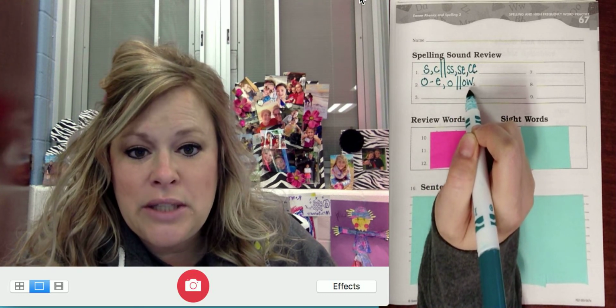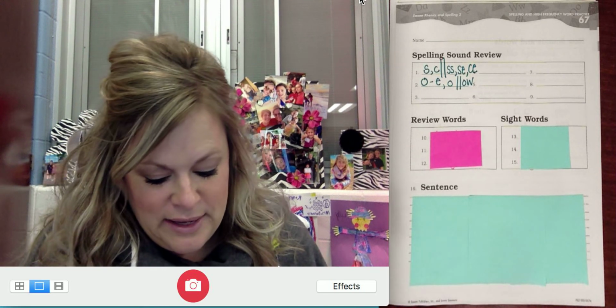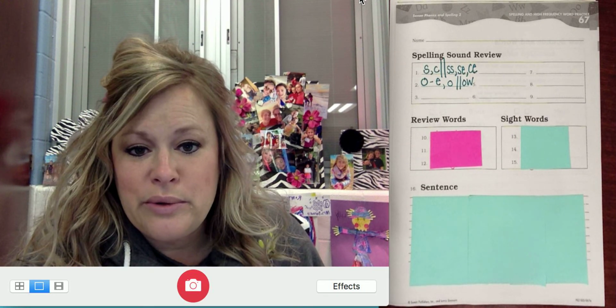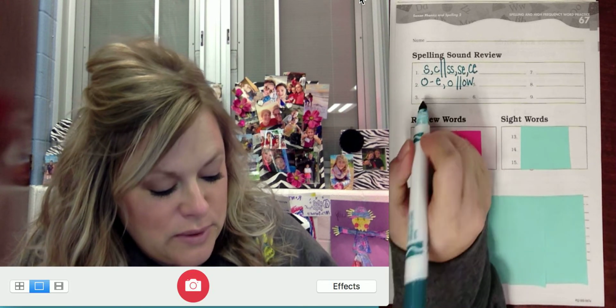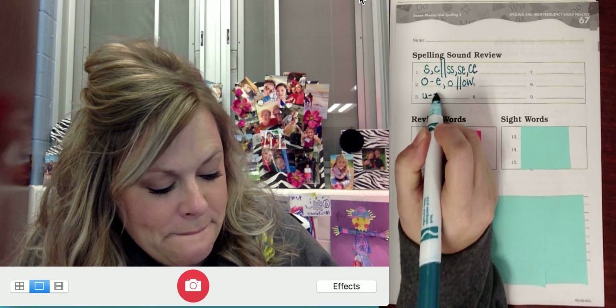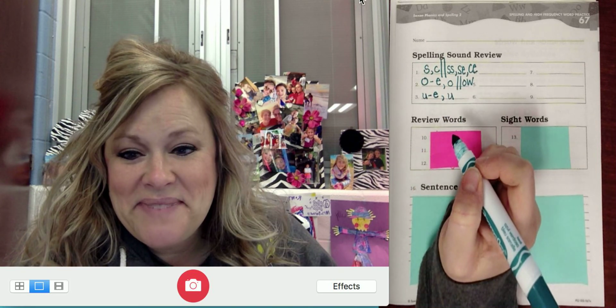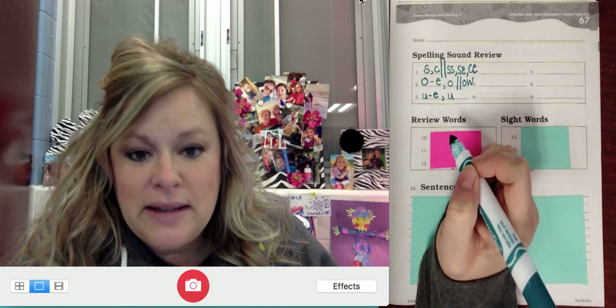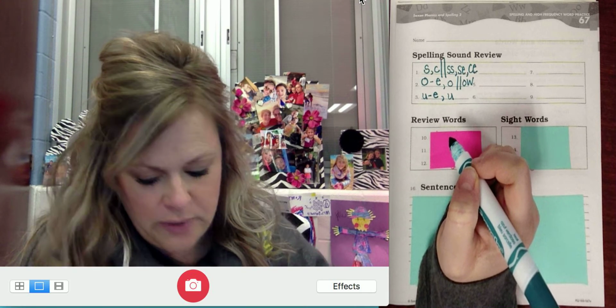OW like snow, O when it's in the final position. Here's the next one. U. Repeat. Good. Write all your ways to write the U sound. That's it for that one. U consonant E or just U like unicorn.